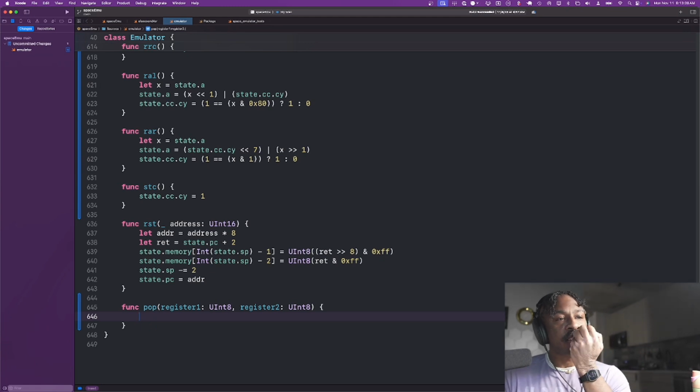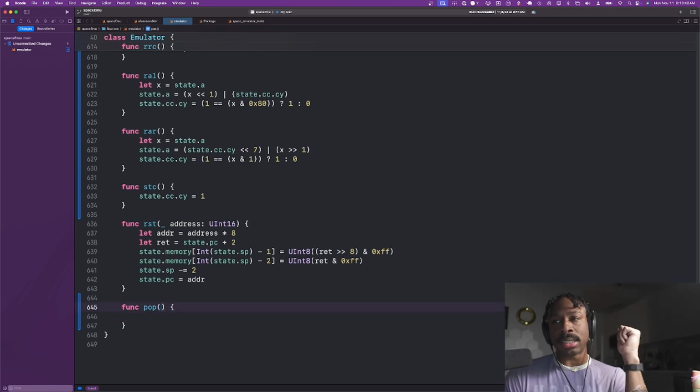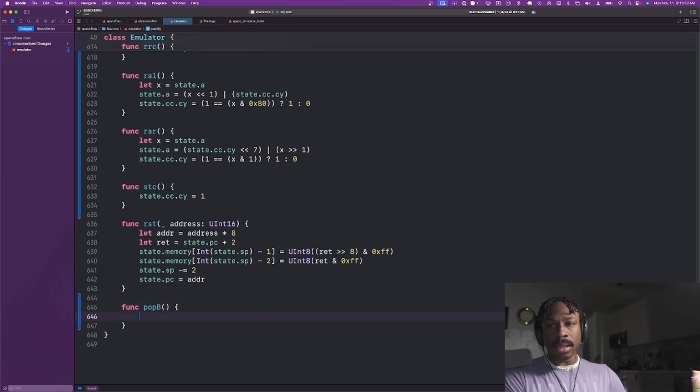For now, I'm actually just gonna do individual functions for each one and see if I can refactor it later to have more code reuse.